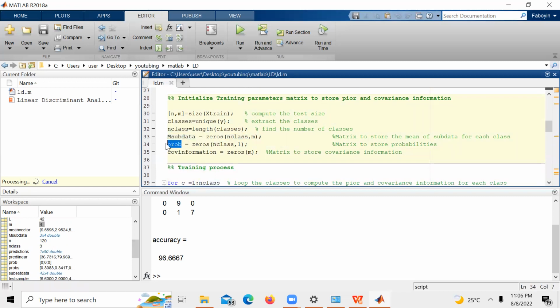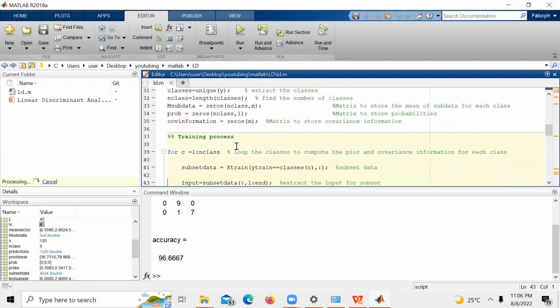We also initialize this particular matrix prob to store the probability. Then we also start by getting covariance information. Our covariance information should be a 4 by 4 matrix for the 4 features. So we create an initialization, because it's going to be summed up, to this 0 matrix. So that's where we started from, this 0 matrix.